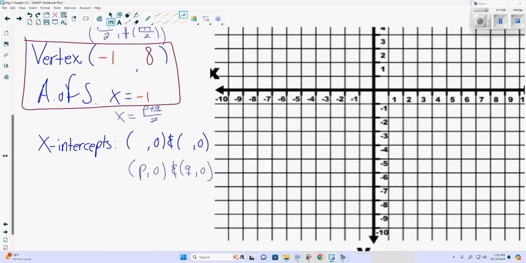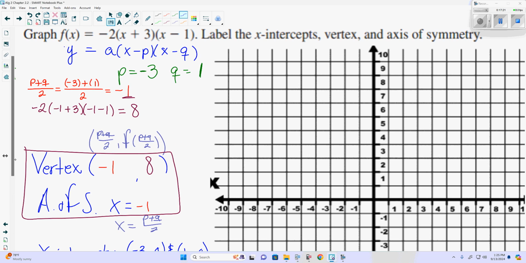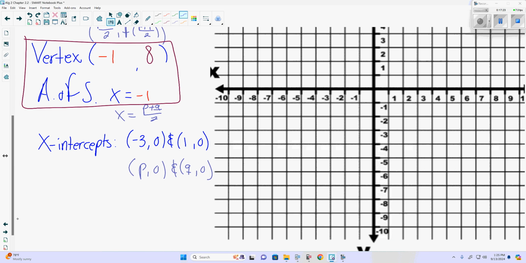Well, we already found p and q. What's p's value? Negative 3. And q is 1. Yeah, negative 3, 1.